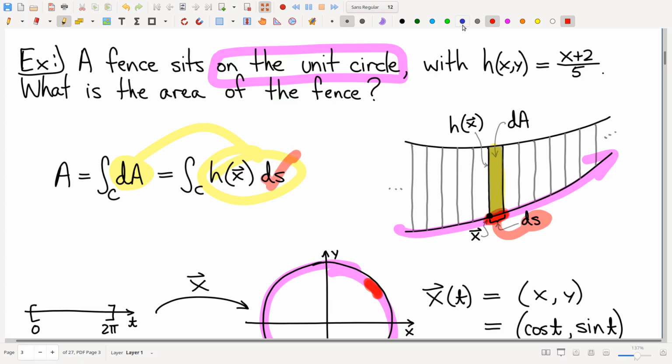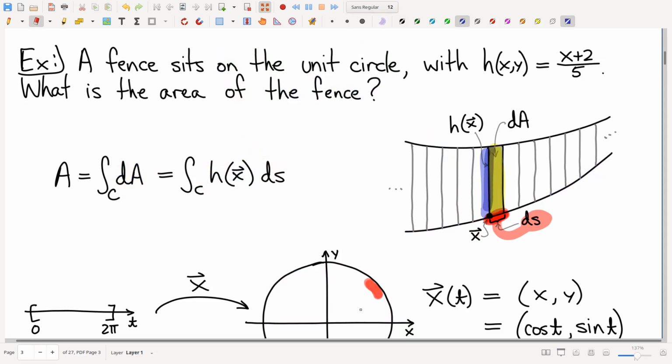And, of course, that's being multiplied by height, which you see right there. So height times width gives me area. Everybody all right? Okay. All right, so we have ourselves a scalar line integral.